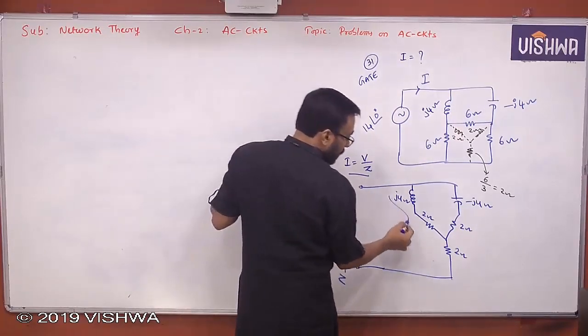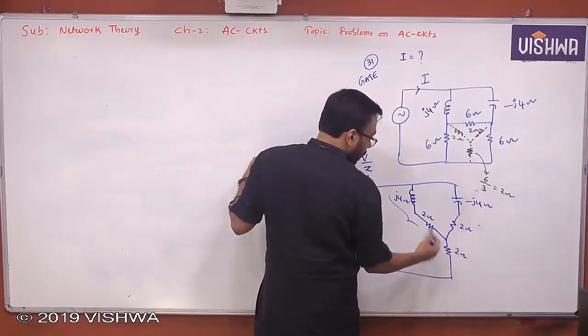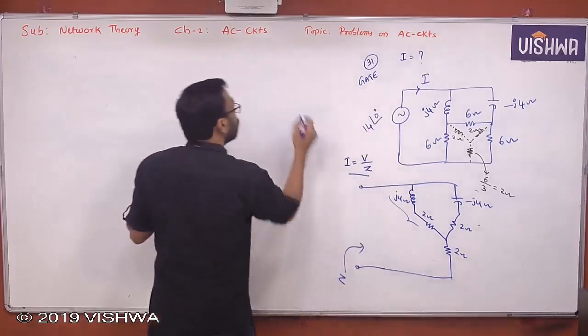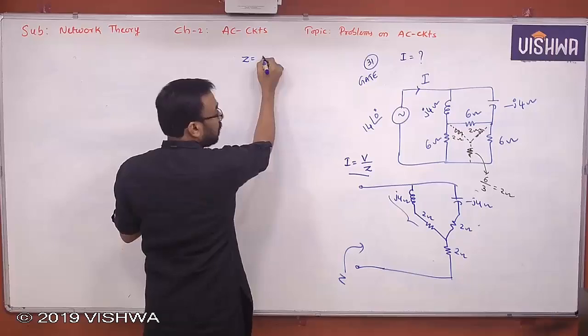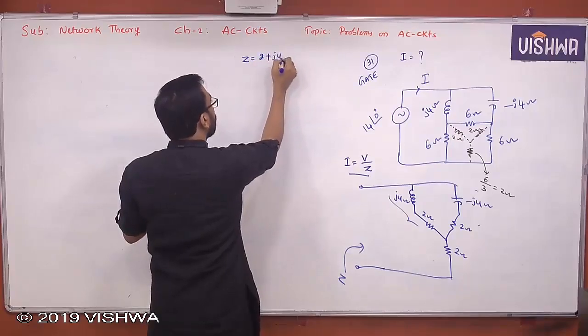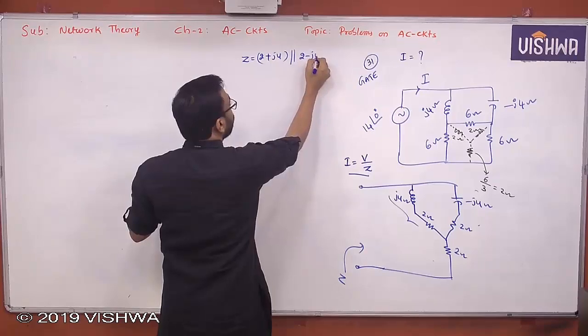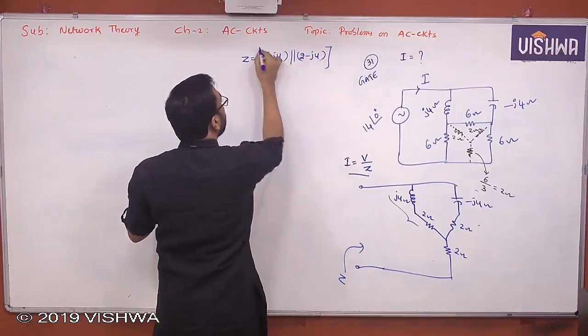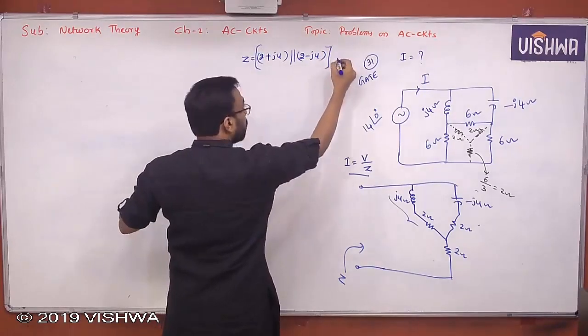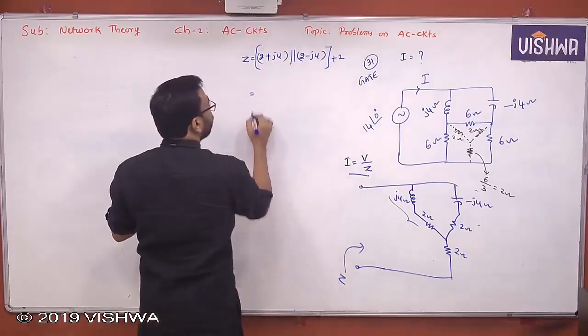Now these two are in series, then parallel, then series. So the total impedance can be calculated: 2 plus J4 parallel with 2 minus J4, the whole in series with 2.